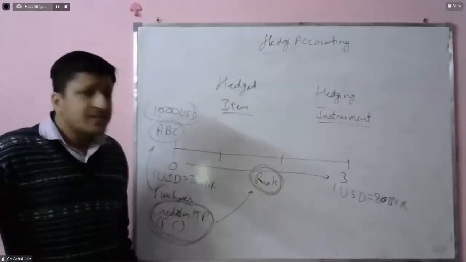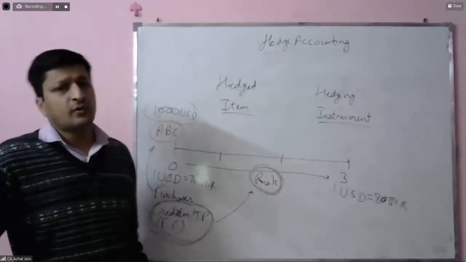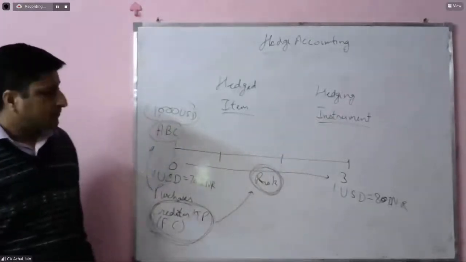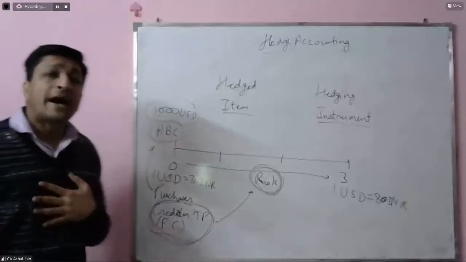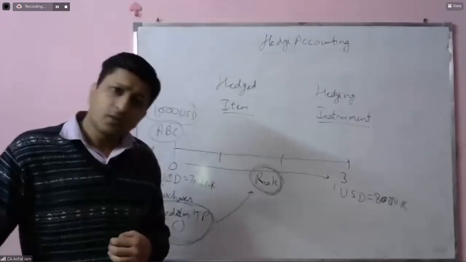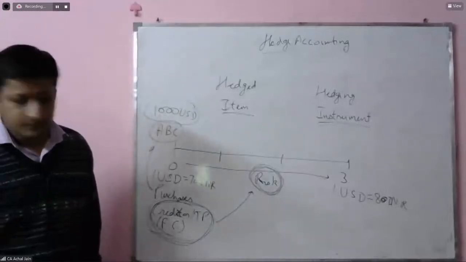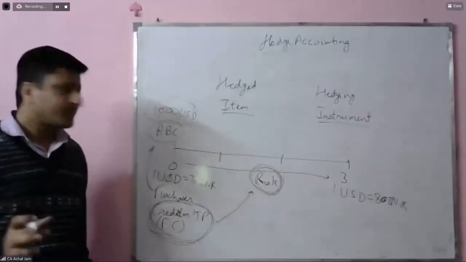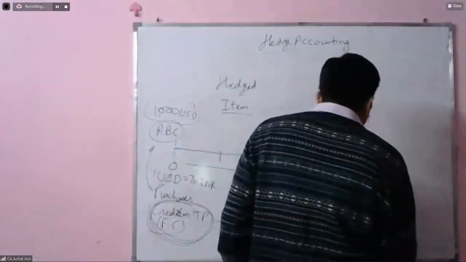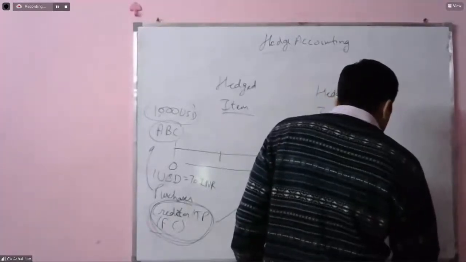Now, what can ABC do? ABC can enter into a contract with a financial institution or a bank, wherein ABC may say that after 3 months, I will buy 1000 USD. ABC will buy 1000 USD from the bank at a fixed price.